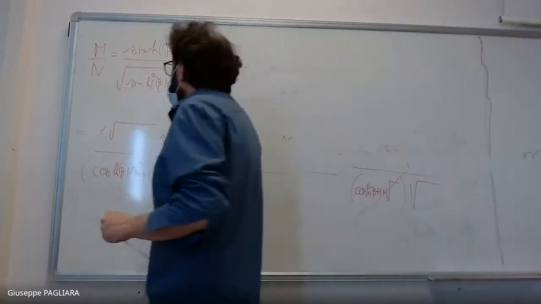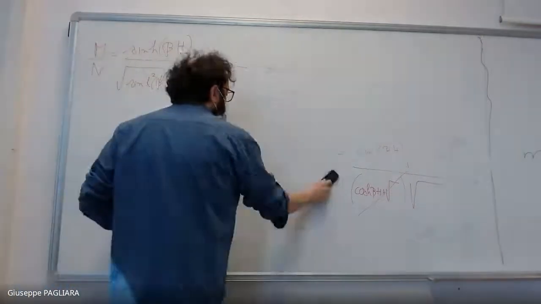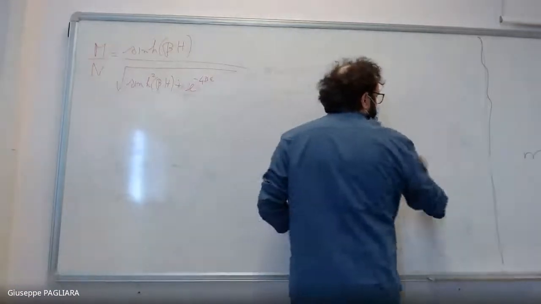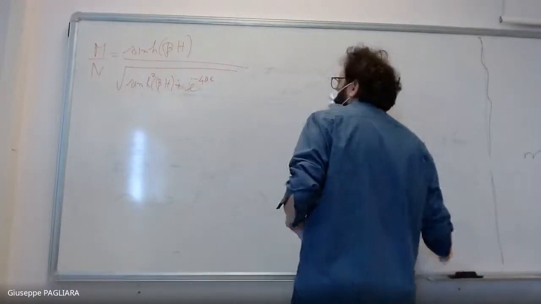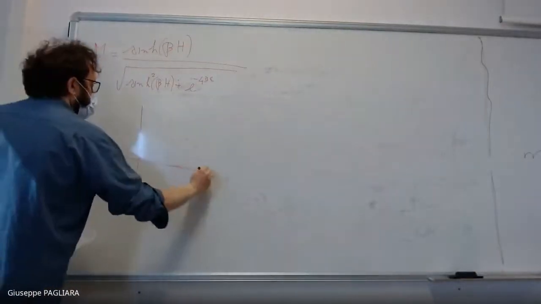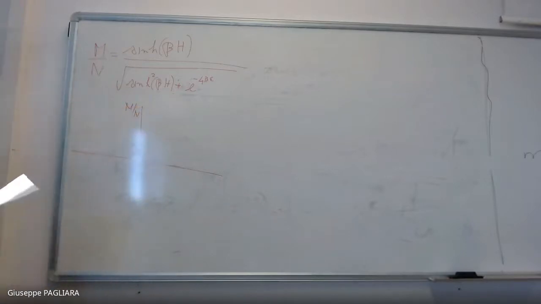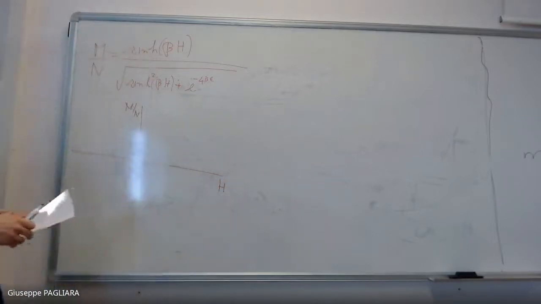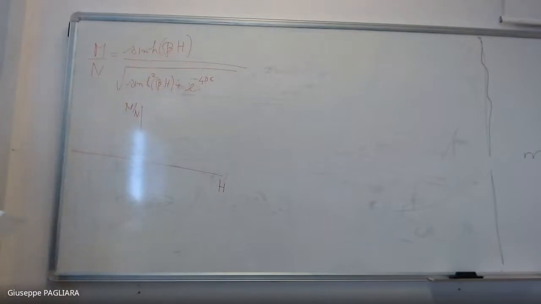Okay, so this is the magnetization per particle, which is found really analytically in this setup. Now let's make a plot of this quantity. So if we make a plot of m divided by n as a function of h, so as a function of the external field, you see that if h is equal to 0, I get 0.